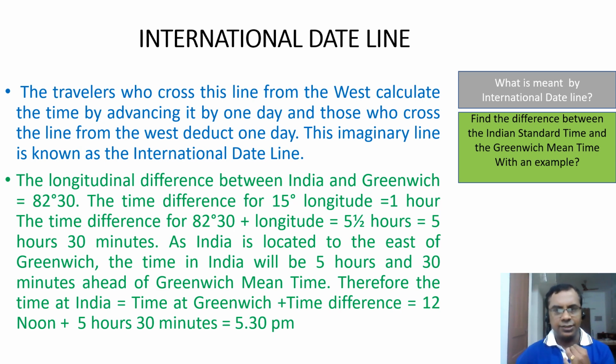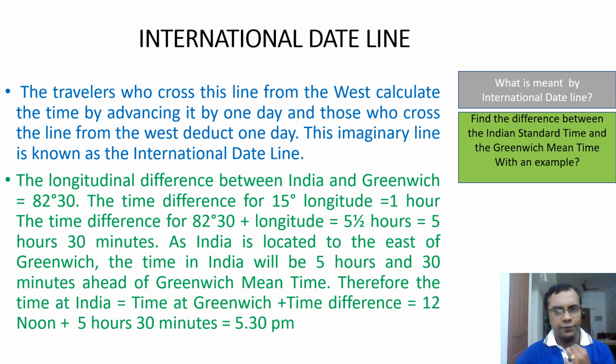Now we can study about the difference between Indian Standard Time and Greenwich Mean Time, and it is also explained with the help of an example. The longitudinal difference between India and Greenwich is 82 degrees 30 minutes.